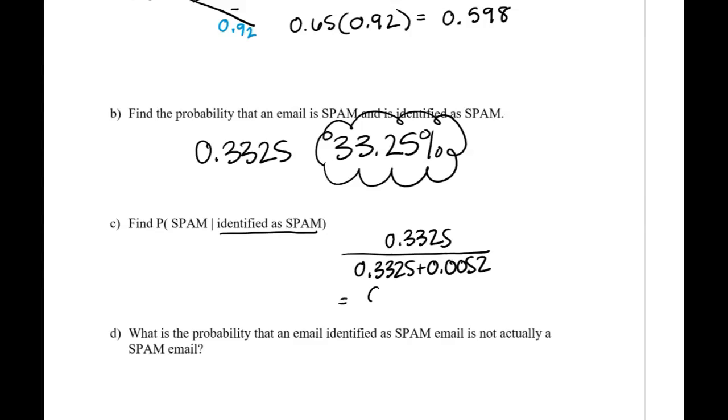So this is equal to 0.3325 divided by 0.3377, which equals 0.9846. So the probability of it being spam, if it's identified as spam, is about 98%.